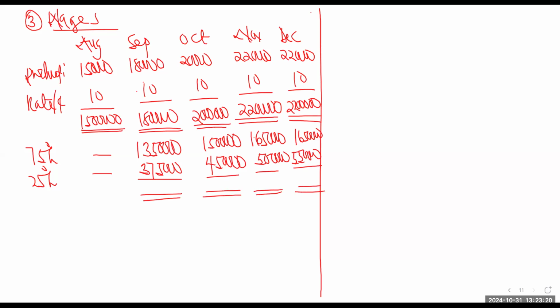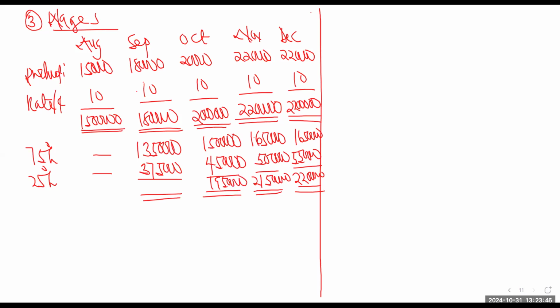The last one is 2,200. 2,200, isn't it? Yes. Okay, this one gives us what? Third one is 2,150. Okay, and this one will give us 1,950. Okay.